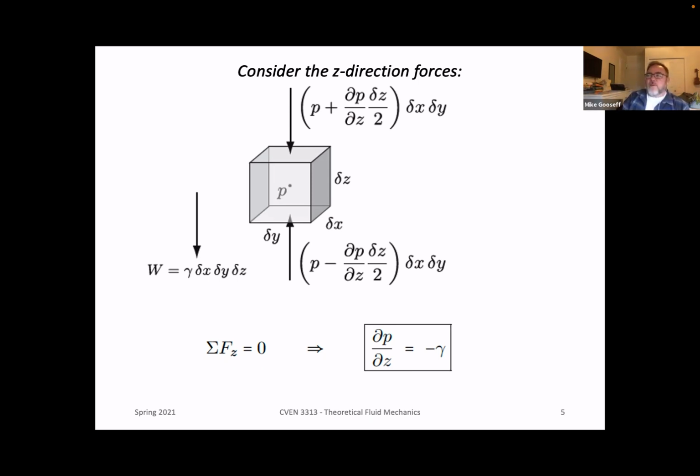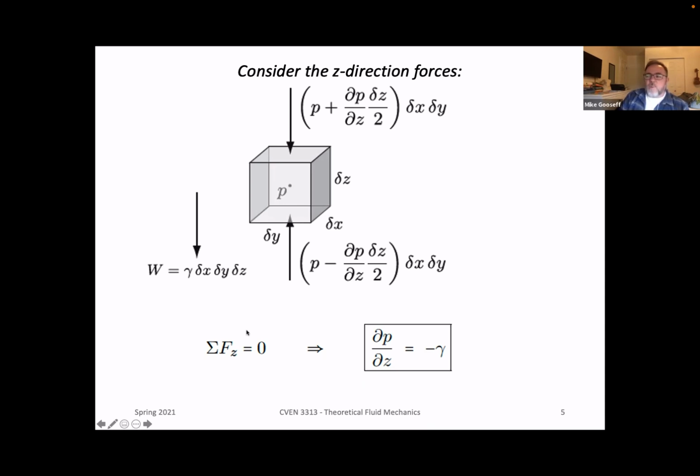The total force acting on top from pressure is going to be smaller because it's shallower than the pressure acting on the bottom from below in the opposite direction. So you'll have a net upward force, but that's countered by, or offset by, the weight acting in the downward direction.